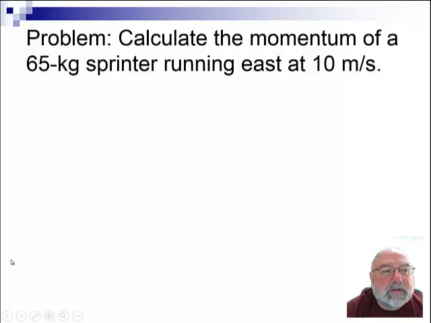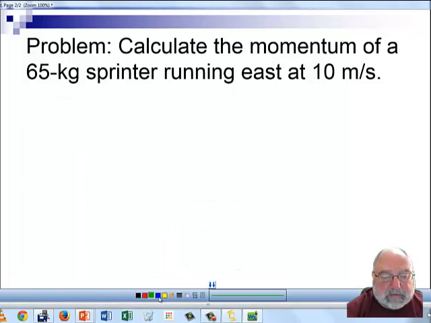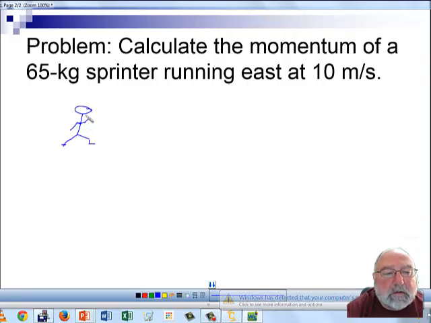Here's a little practice problem. Calculate the momentum of a 65 kilogram sprinter running east at 10 meters per second. Let's give this one a shot. We have our sprinter running off to the east at 10 meters per second.